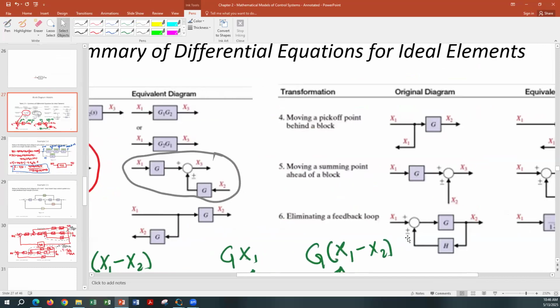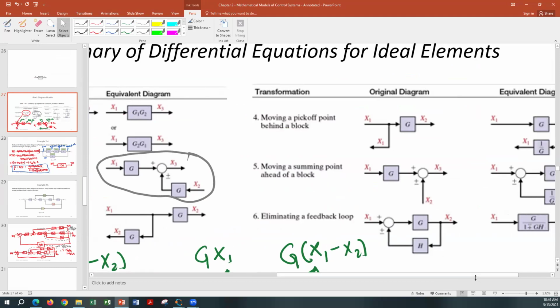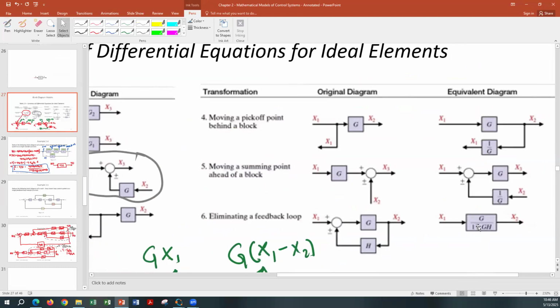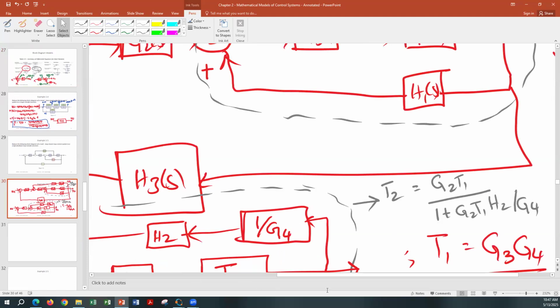Observe, you have plus minus over here. You can have a positive or negative in the feedback. If you have plus minus, then it changes its sign in the denominator. If you have a plus sign, it's going to become negative. If you have a negative sign, it's going to become positive when you do the derivation.